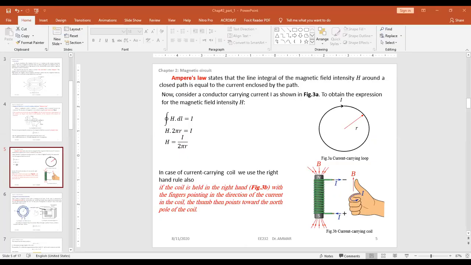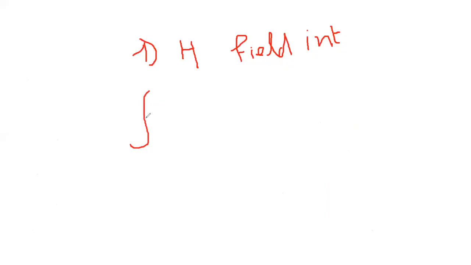So we define the magnetic field by Ampere's law, which says that the closed integral of H over a closed path, dl being the element unit of length, is equal to the current.